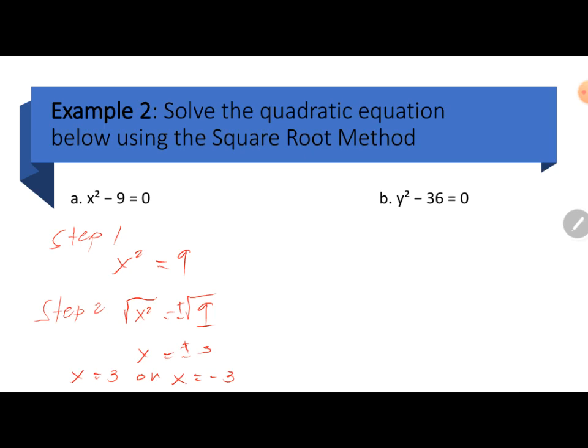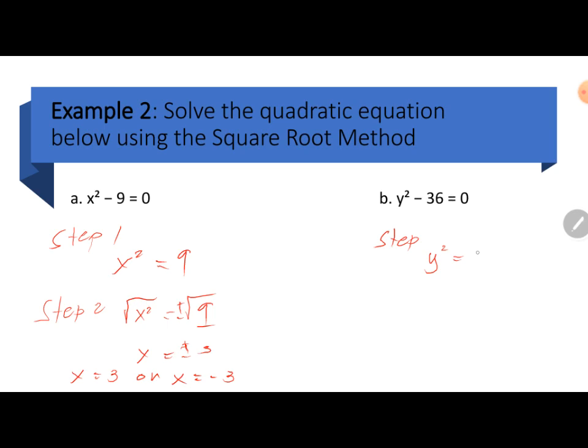Now, for our B, we have another term which is y. Same process also. Next, we are going to write our step 1. For step 1, we're going to write y squared equals, what is the opposite sign of negative?